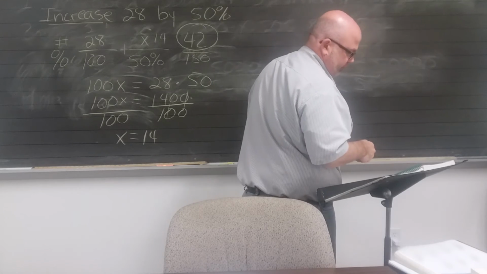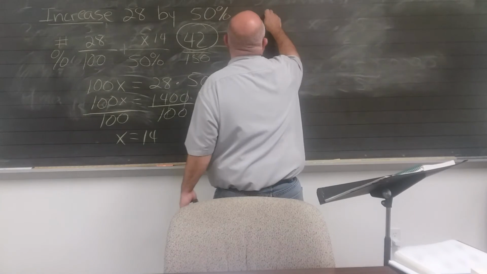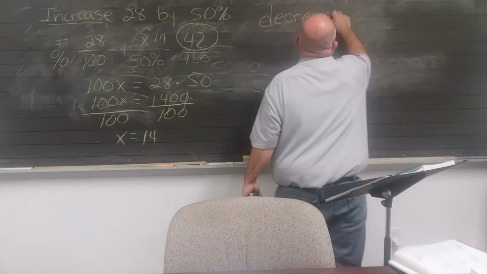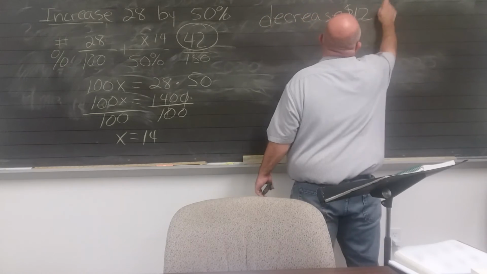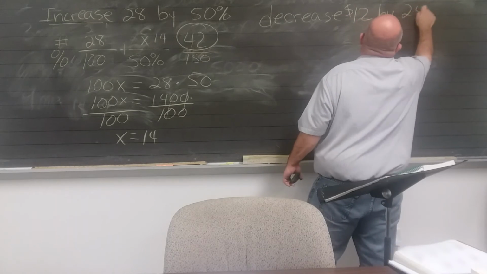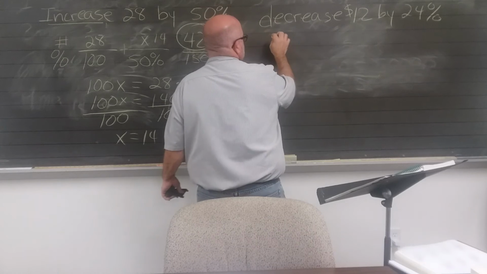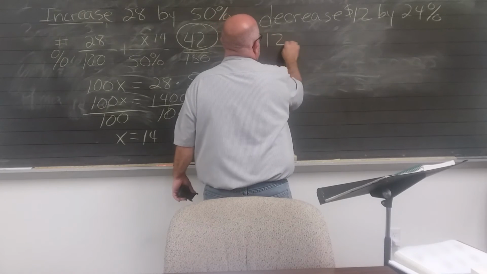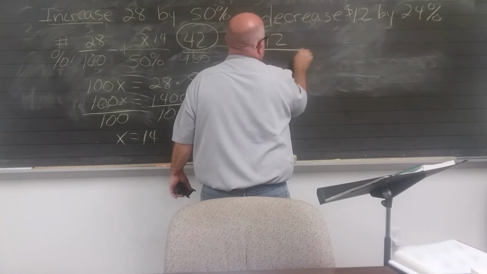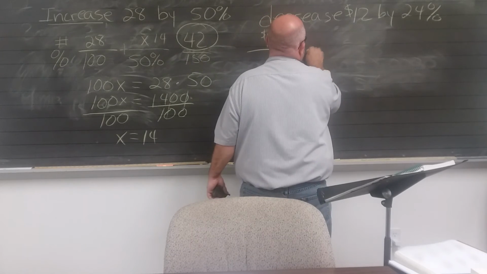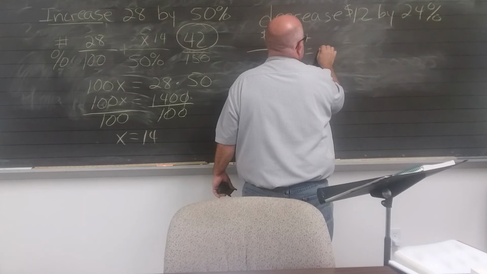So let's do one decrease. Decrease $12 by 24%. So you have your $12 over 100.